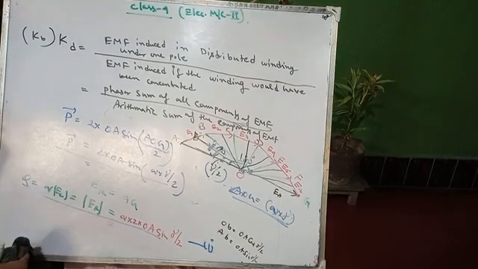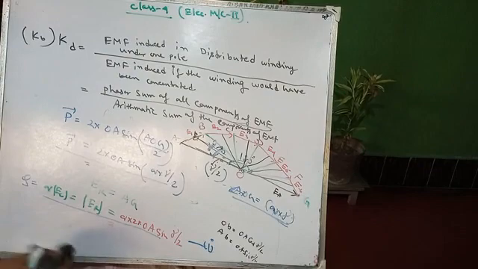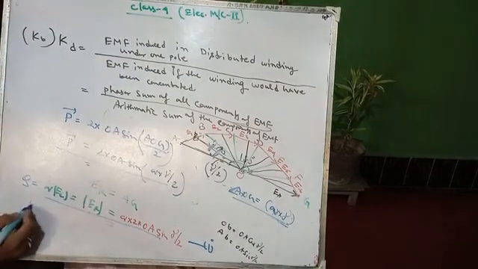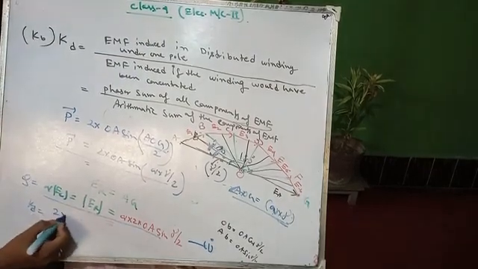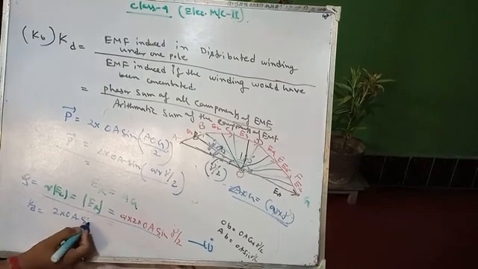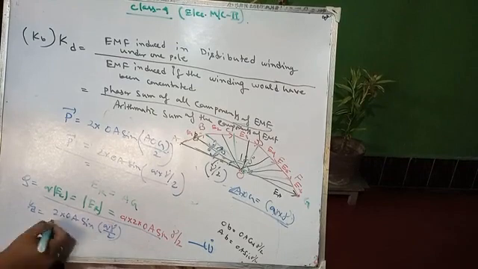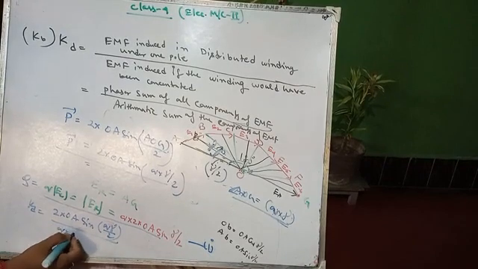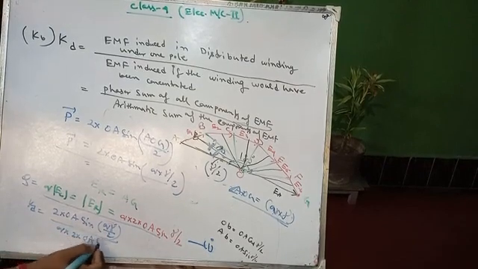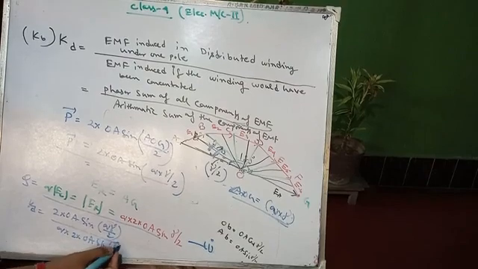So p by q, we know kd equals p vector by q. So kd equals 2 into OA sine q gamma by 2 divided by q into 2 into OA sine gamma by 2.